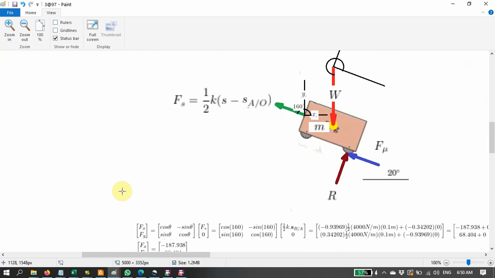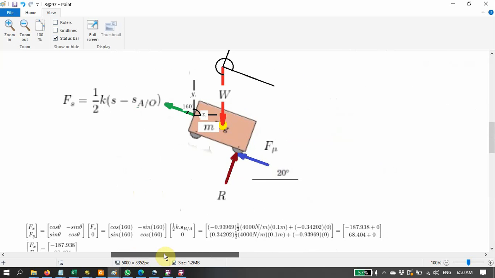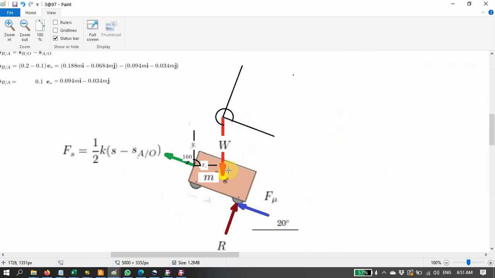So we solve the problem using the free body diagram. We can identify the components of force acting on the body: the weight, there is a frictional force, and we have the reaction force, and we have the spring force.